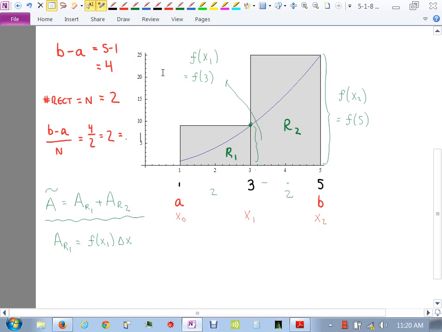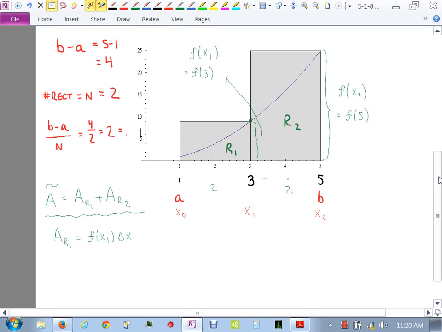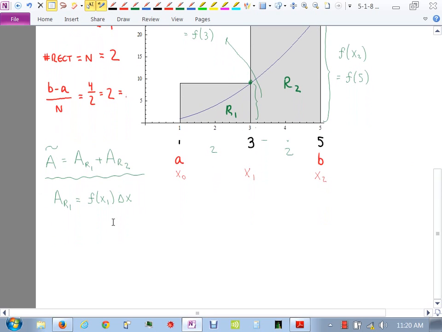Does everyone agree that the area of rectangle 1 is its height, which is f of x1, times delta x, which is its width? That okay? No one has a question. But that is really just equal to, in this problem only, f of 3 times delta x, but delta x is what? 2.